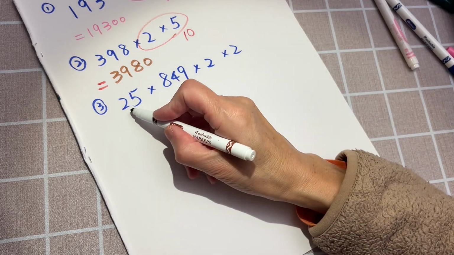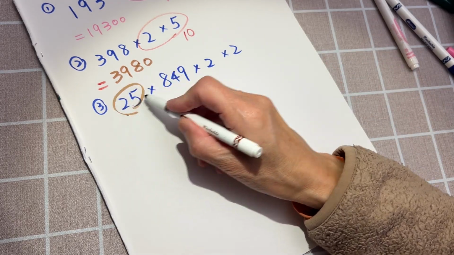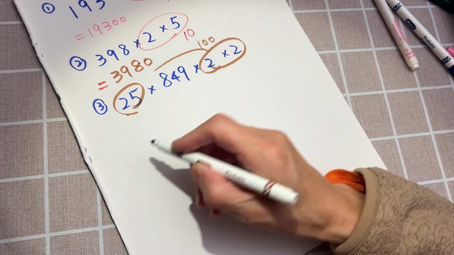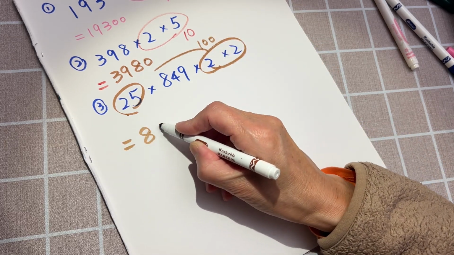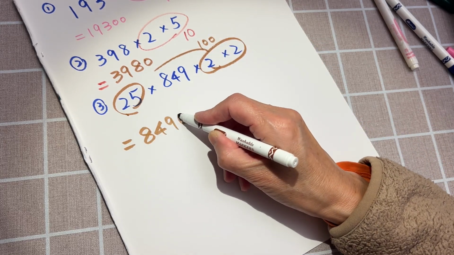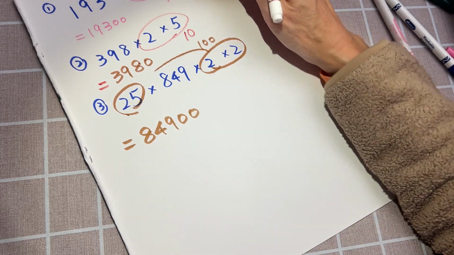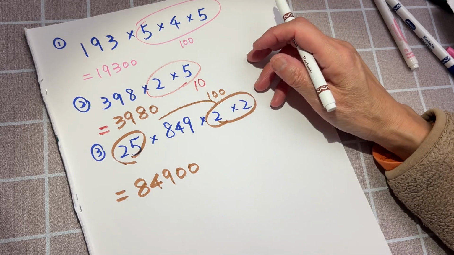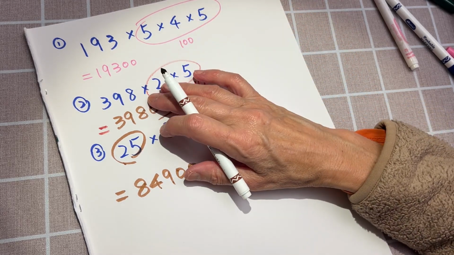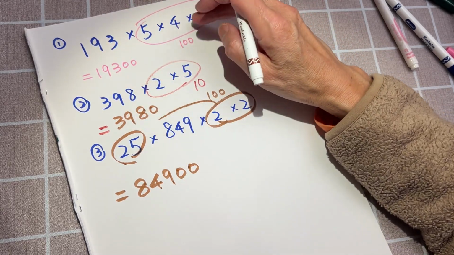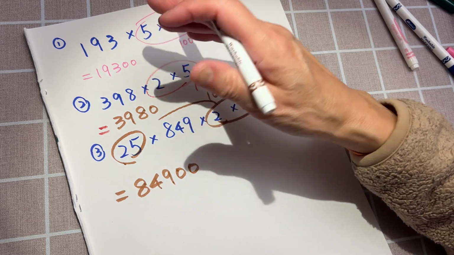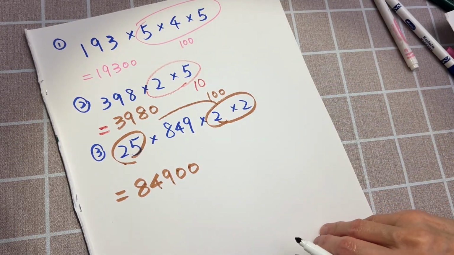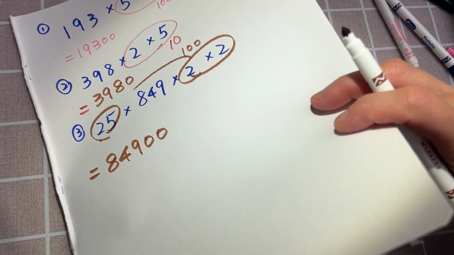But 25 times 4 is 100. So 84900. They are in the same class. All multiplication. There is no which one is first, which one is second. You can switch, manipulate a little bit, okay, to make your calculation easy.